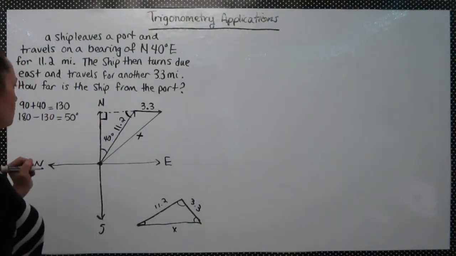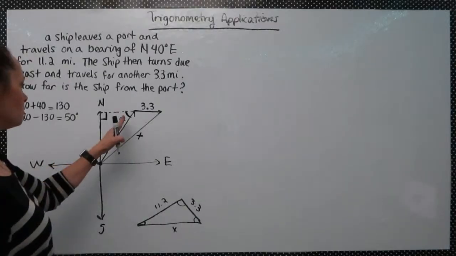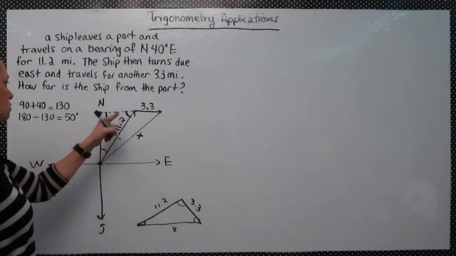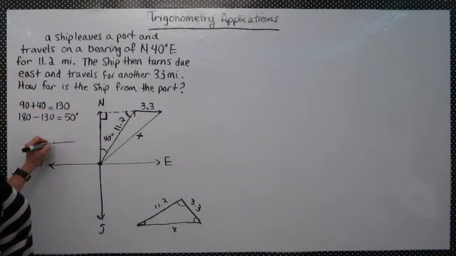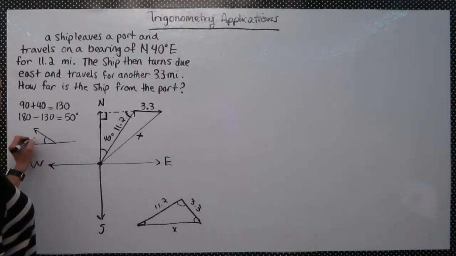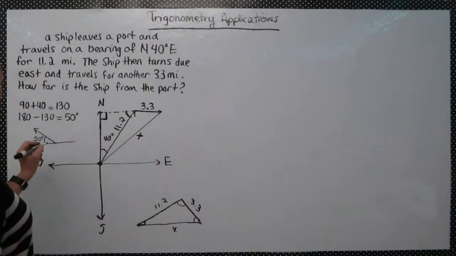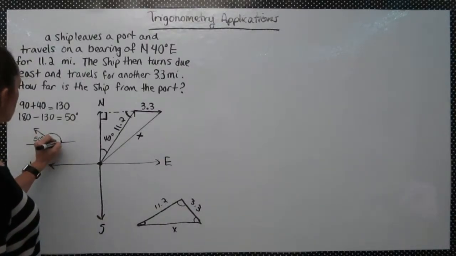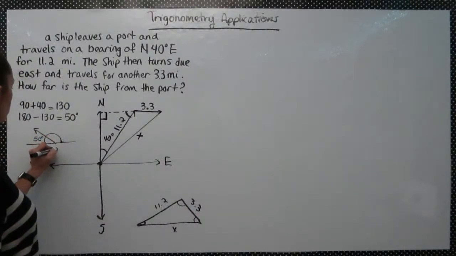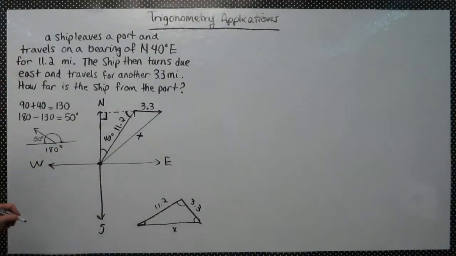Since I know that, on this triangle you have a straight angle, and if one of them is 50 degrees, then you know this angle because the total is 180. A straight angle is 180.